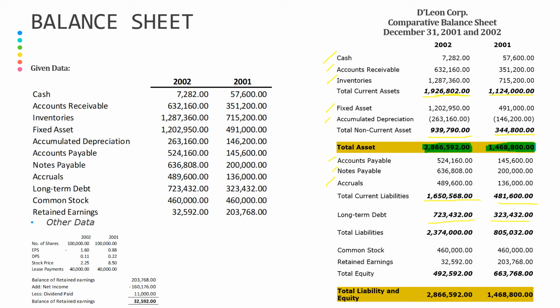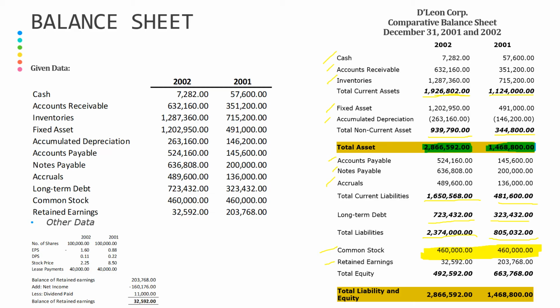So we have a total liability of 2,374,000 for year 2002 and 805,332 for 2001. For the equity, we have the common stock and the retained earnings. For the common stock, we have the same for year 2002 and 2001, 460,000. This is because they're assuming that there was no new issuance of common stock for the company.